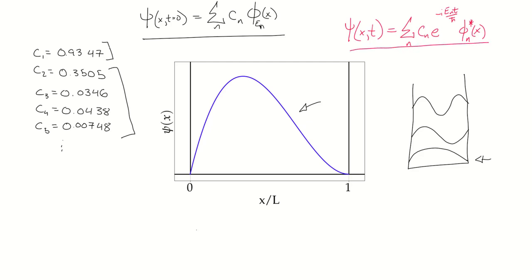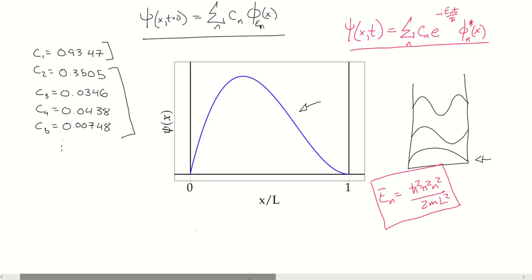We know the En, those energies, from when we solved the eigenvalue equation a few lectures ago. If you remember, those were the energy eigenvalues for our infinite square well potential. So we know the phases, we know the energy eigenvalues, and in this video we just calculated those Cn. So we have our wave function as a function of time.